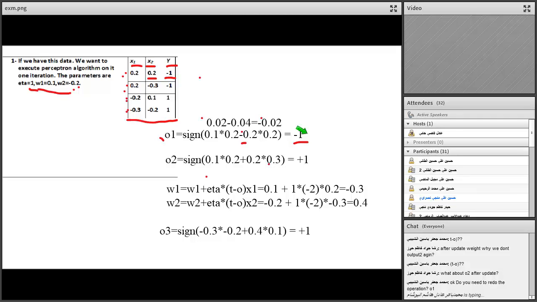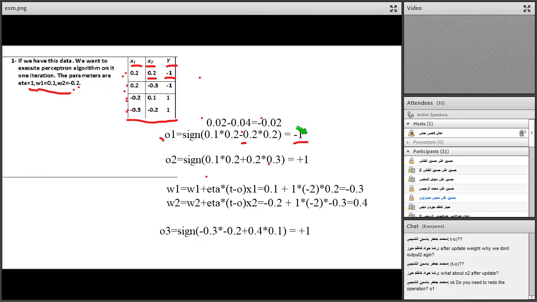Okay, as I told you, in this example we have 4 data. We start with data number 1 and we get O1, then O2. In this process, the weights may be updated. When we reach O4, O4 is the last data, we come to a weight.